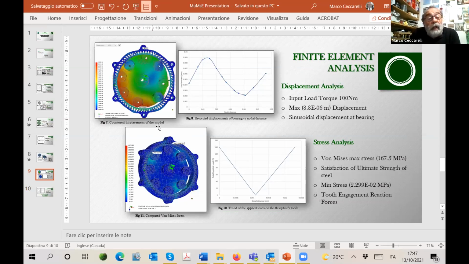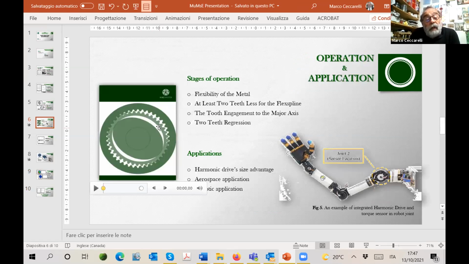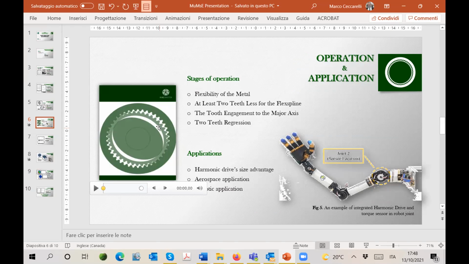To my knowledge, I think they use the traditional involute profile. I don't think they have a different profile. Okay. Thank you very much.